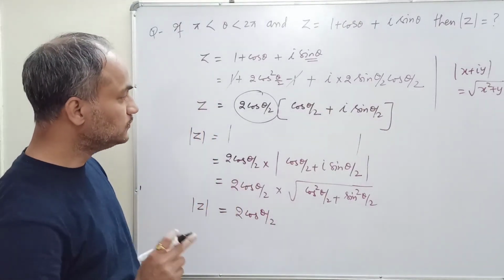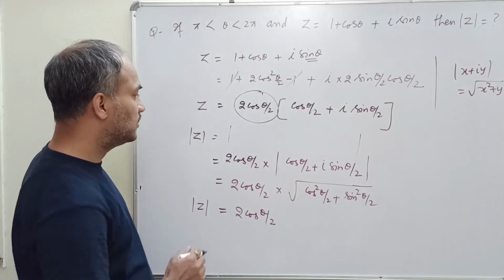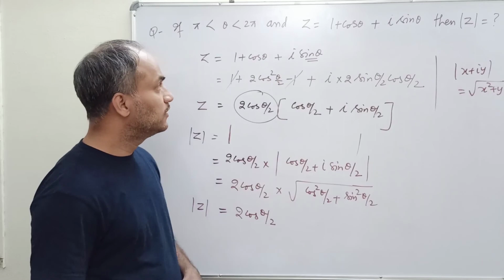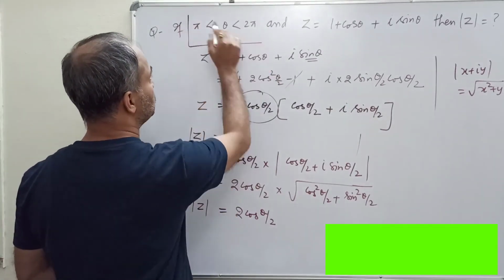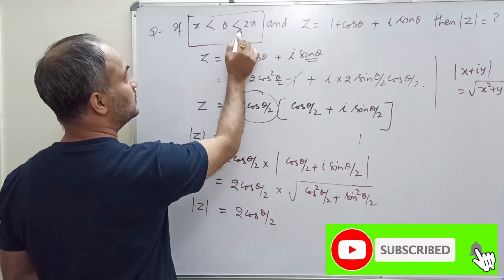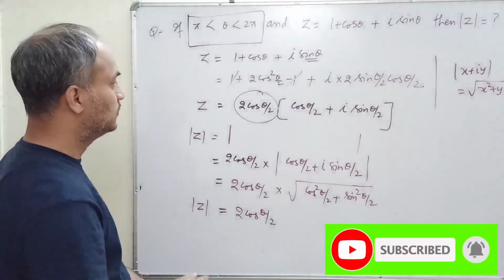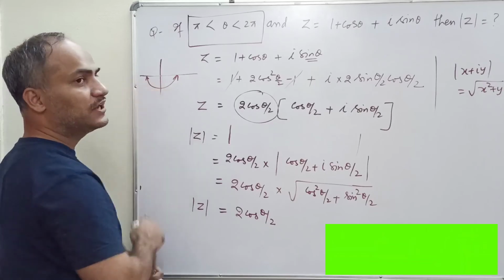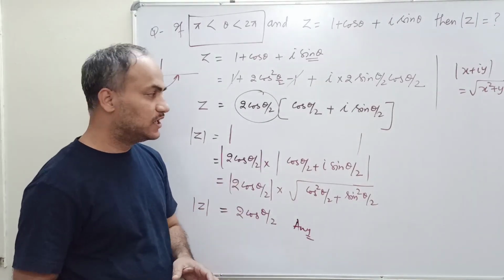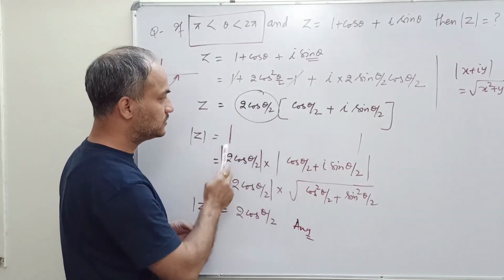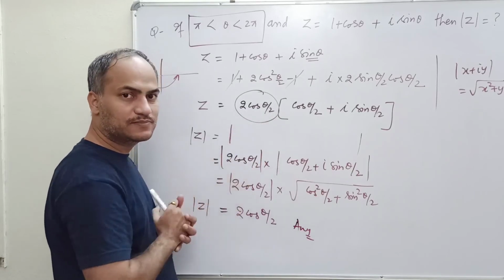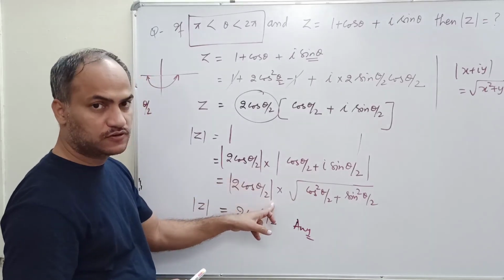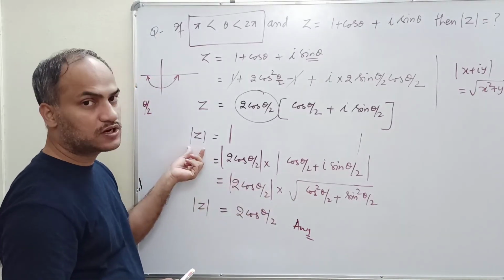But one thing is that when we find modulus, the value should be positive. It cannot be negative. And because of this, just see guys, theta is lying between this range. When we take modulus of this, 2 cos theta by 2 comes out, but this term should be positive, because we are taking the modulus.